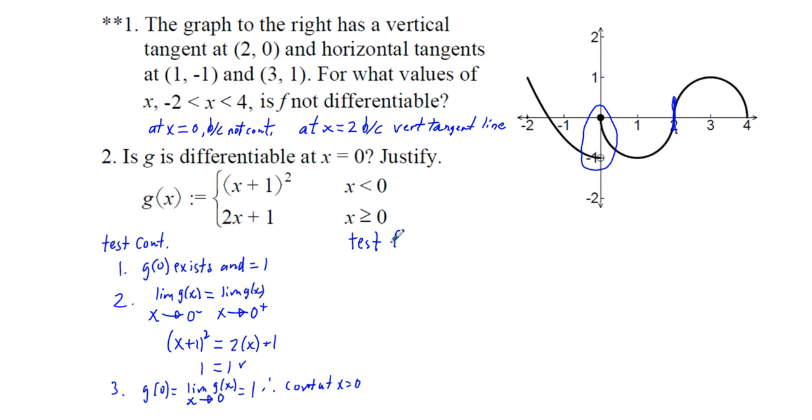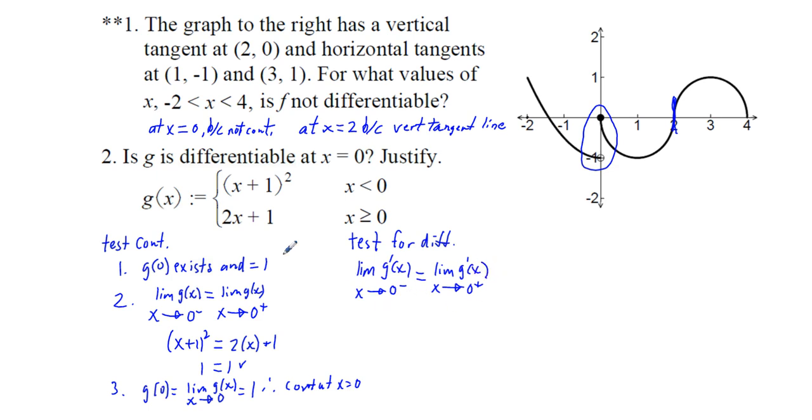We're going to find the derivative here, so we say the limit as x approaches 0 from the left side, not of g of x, but of g prime of x, equals the limit as x approaches 0 from the right side of g prime of x.